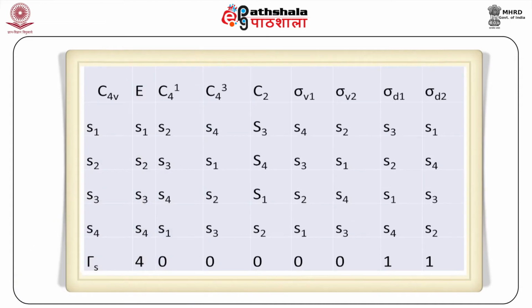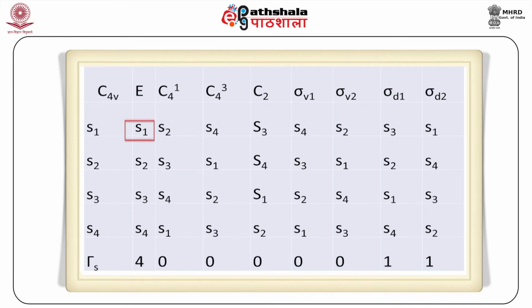This effect of transformation operators corresponding to symmetry operations of the C4V point group on the four functions S1, S2, S3, S4 is summarized in a table. Let us take the S1 function and see the various symmetry operations.